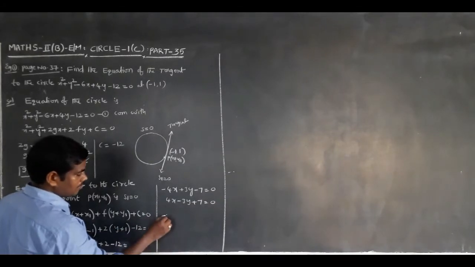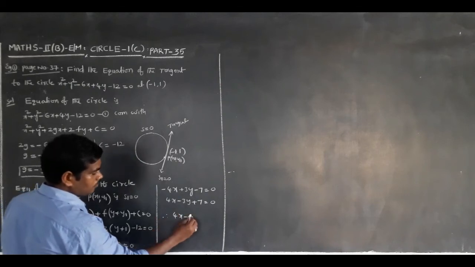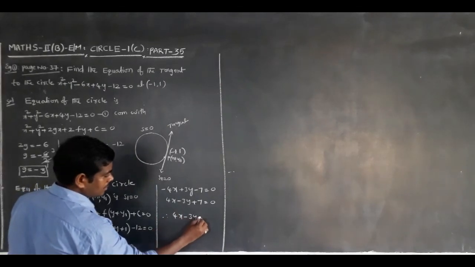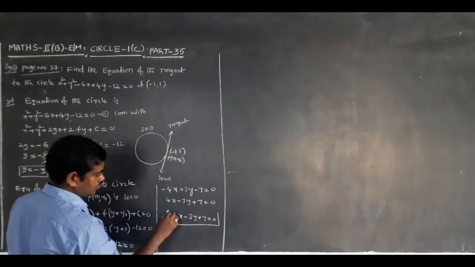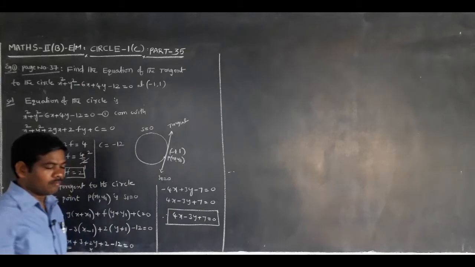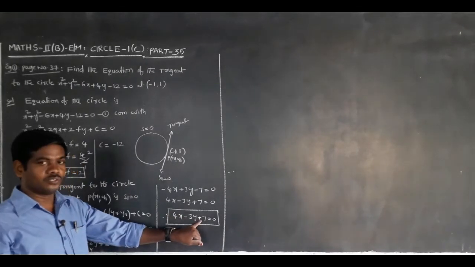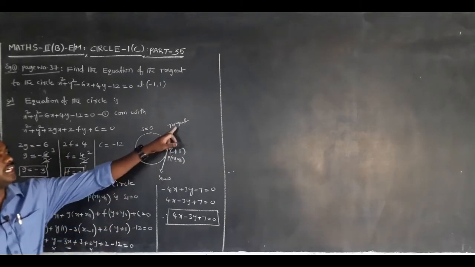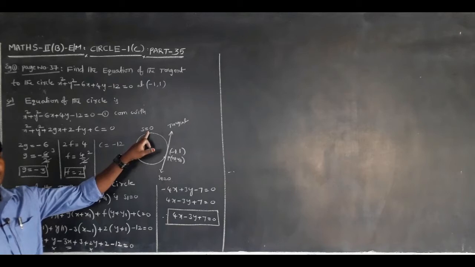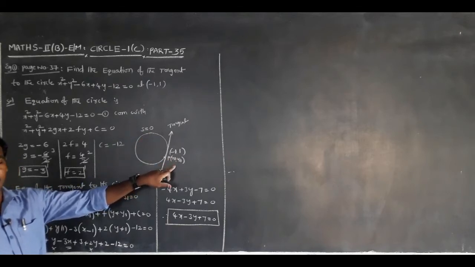Therefore, 4x minus 3y plus 7 is equal to 0 is the equation of the tangent to the circle S is equal to 0 at the point P(x1, y1).